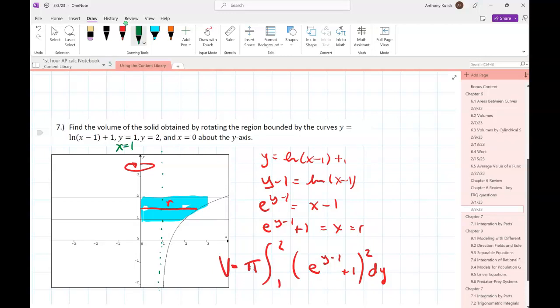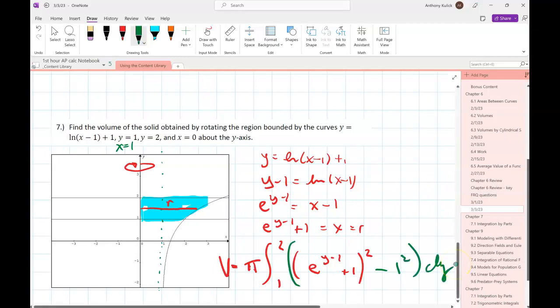So I had a washer problem when I drew the picture. If you did the problem I had, then the setup we had was fine. If you do what I drew, you need to use a washer where the outer radius is what we had there, and our inner radius would just be that, right?